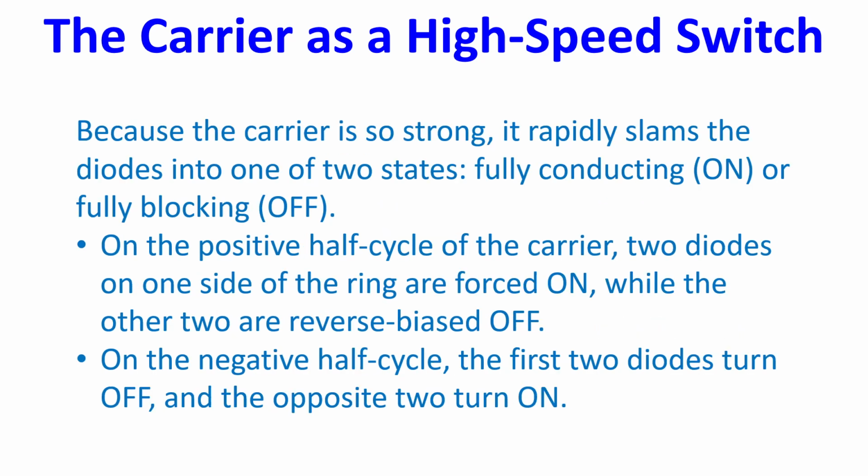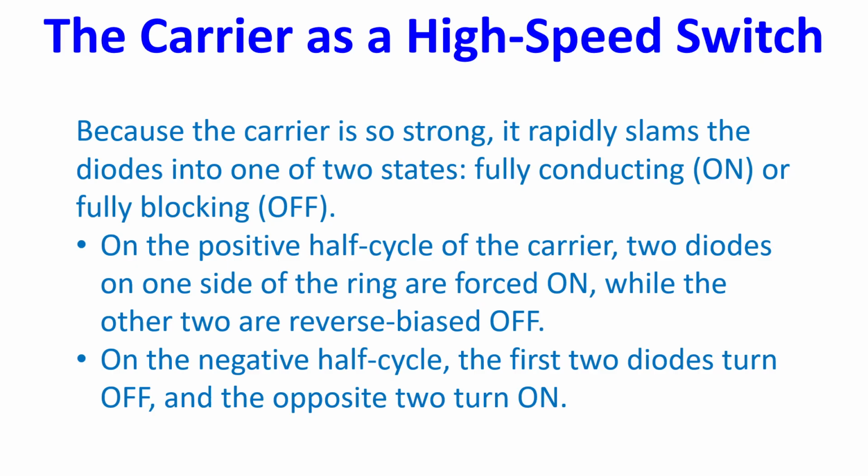Because the carrier is so strong, it rapidly slams the diodes into one of two states, fully conducting on or fully blocking off. On the positive half cycle of the carrier, two diodes on one side of the ring are forced on, while the other two are reverse biased off.